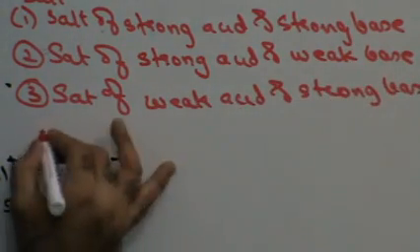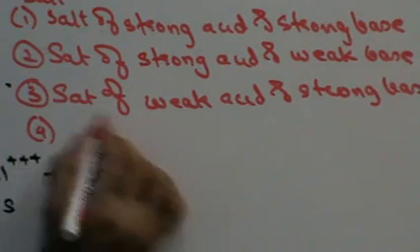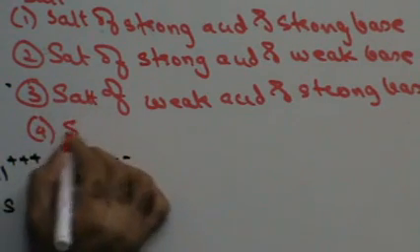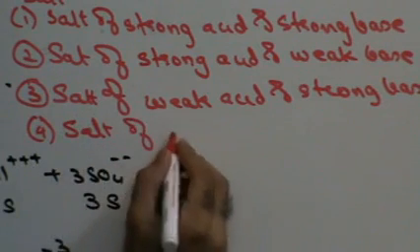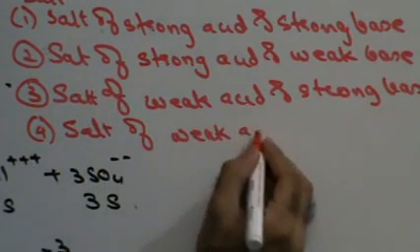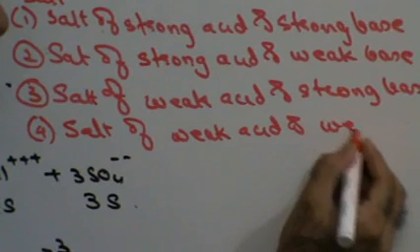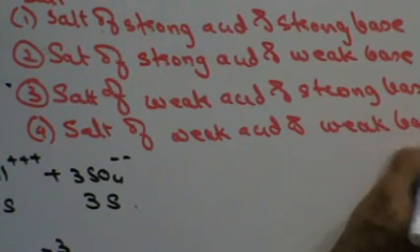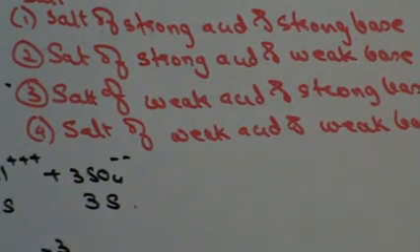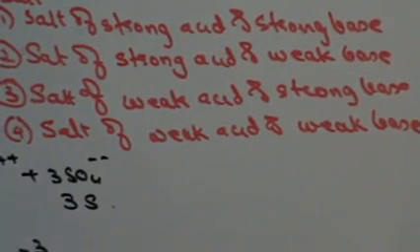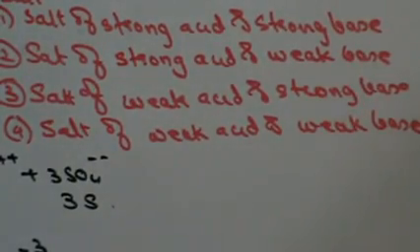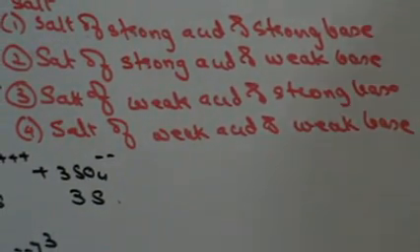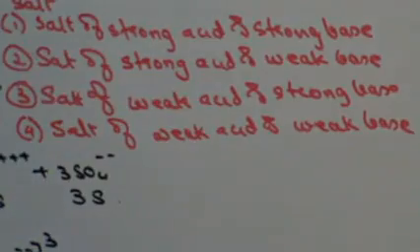And last, salt of a weak acid and a weak base. So these are the 4 different types of salts that you can get. Right? Do you get this? So depending upon the nature of the acid and the base used, you will have 4 different types of salts. Fine, do we get this?